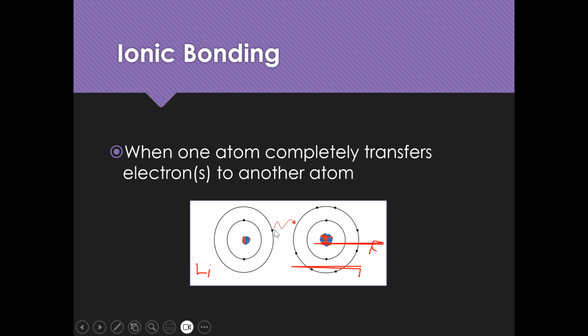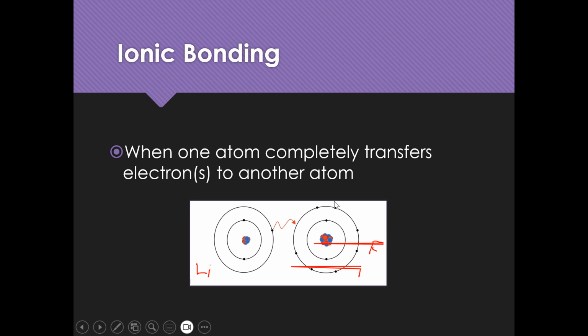And what happens when that one electron is lost is that this second shell is gone. So the shell inside is now full. That makes this lithium ion, a lithium with a +1 charge, a full octet.